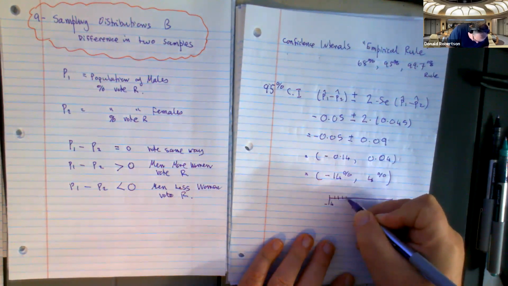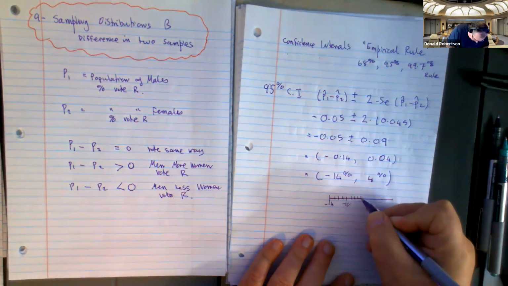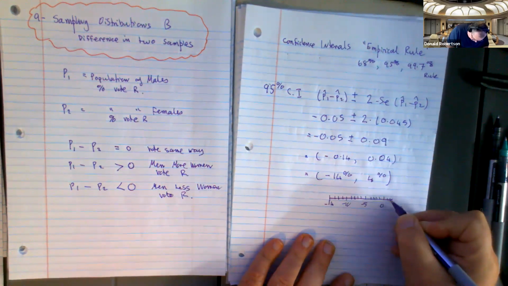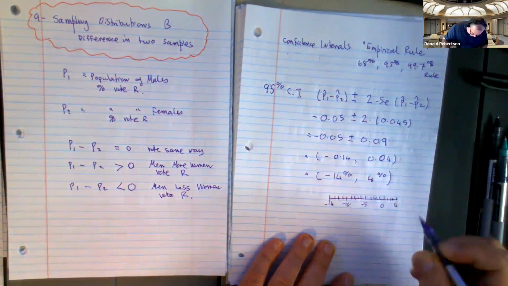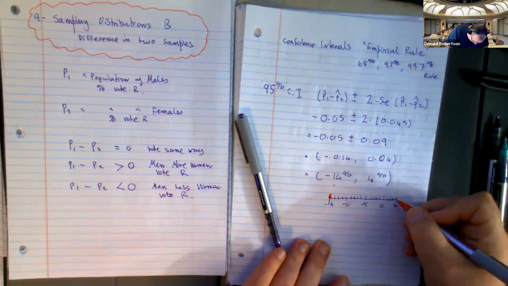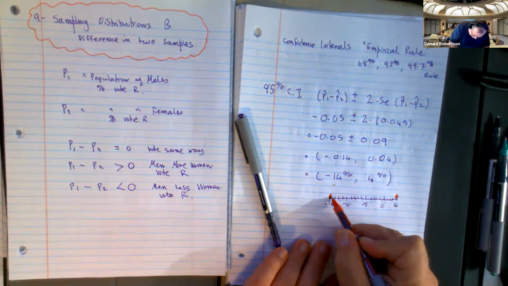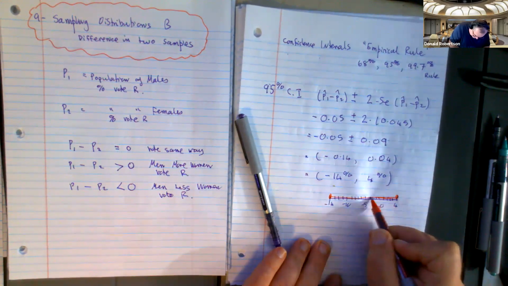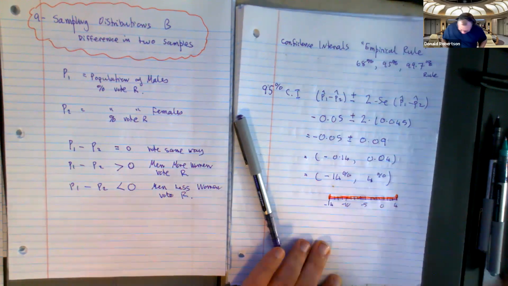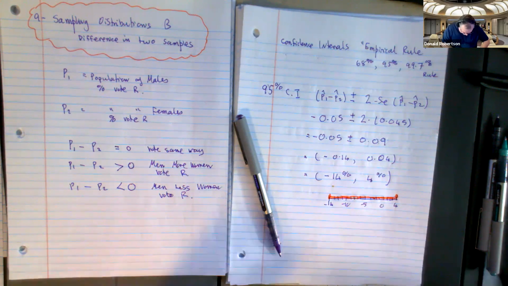And there's negative 10, 1, 2, 3, 4, 5. There's negative 5, 1, 2, 3, 4. There's 0, 1, 2, 3. And there's 4. And we are basically saying that the answer to the difference between those two groups is anywhere between here and here. And any one of those numbers, any one of those percentages could be the right answer.